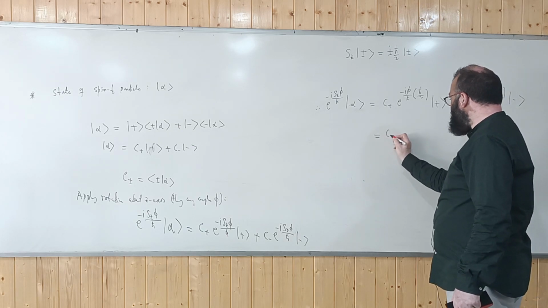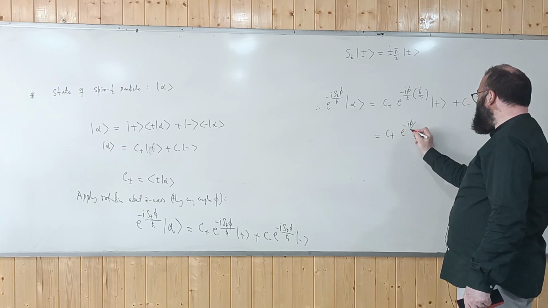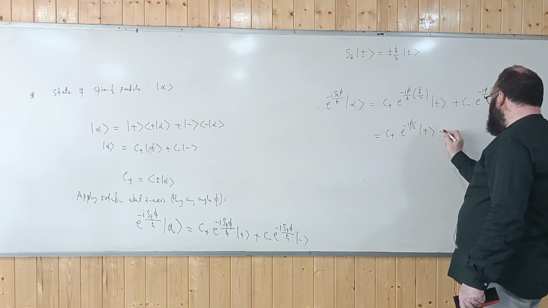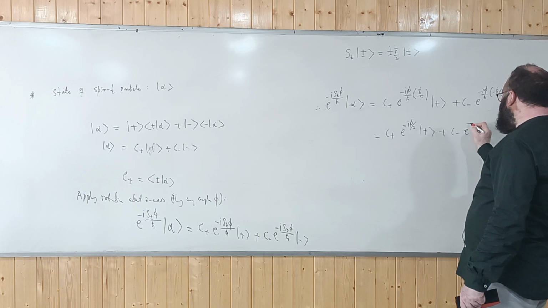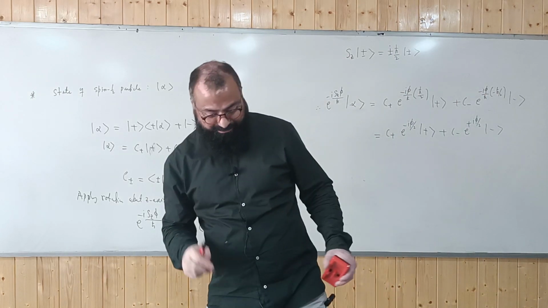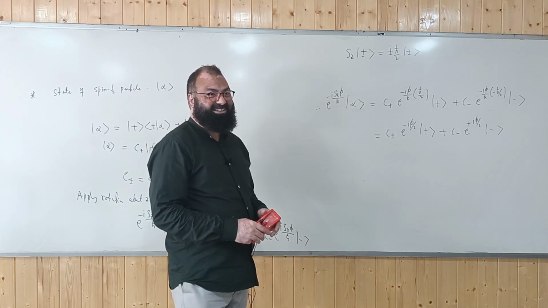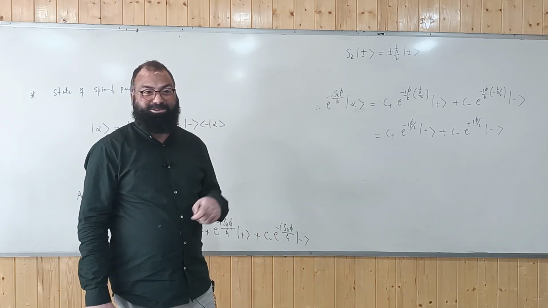So what you have is C plus e raised to the power minus i phi by 2 plus, plus C minus e raised to the power plus i phi by 2 minus. So this phi by 2, this half factor, is very important.